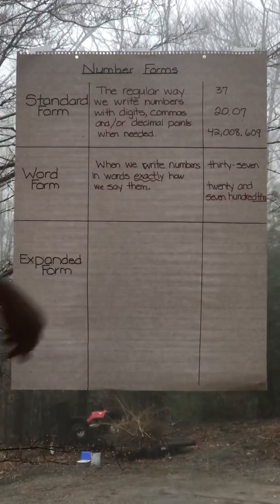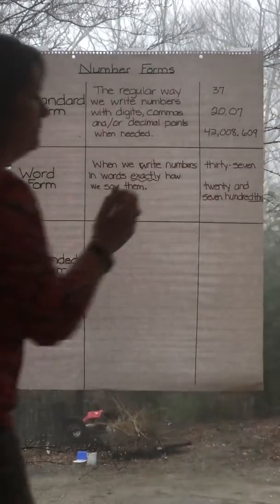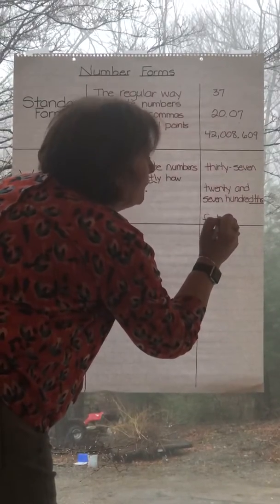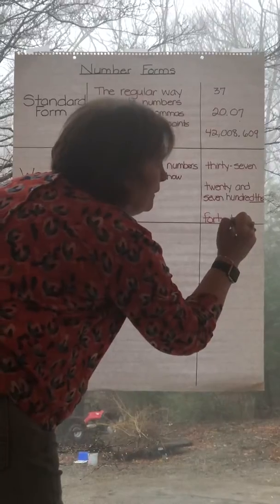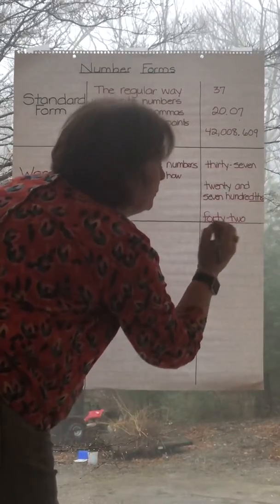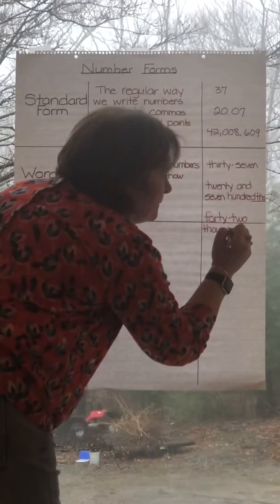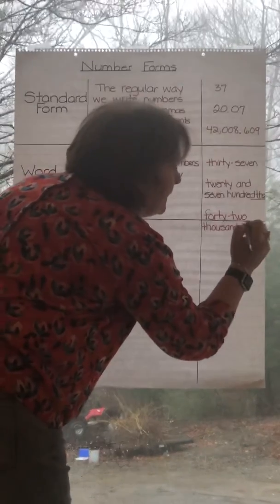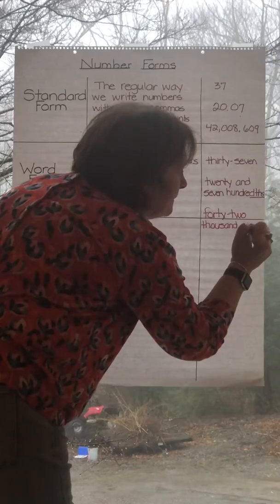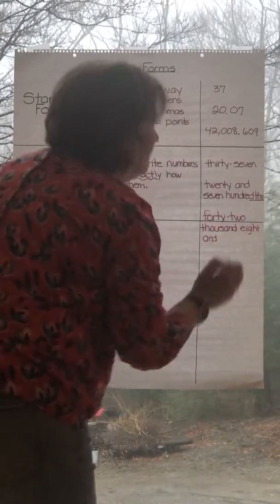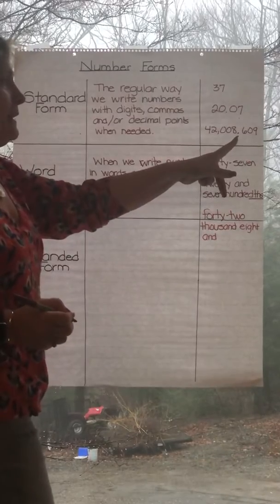The last one I'm going to have to go into expanded form, but that would be forty-two thousand eight and, so remember, we always need to write that and when we get to the decimal point.